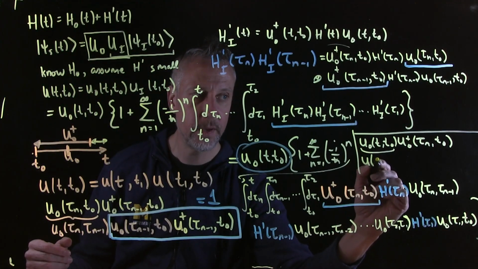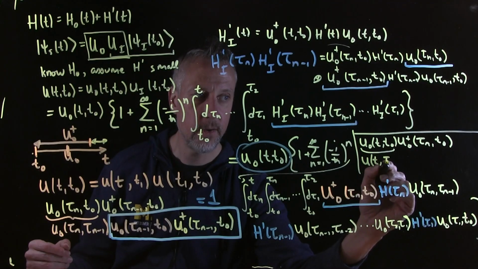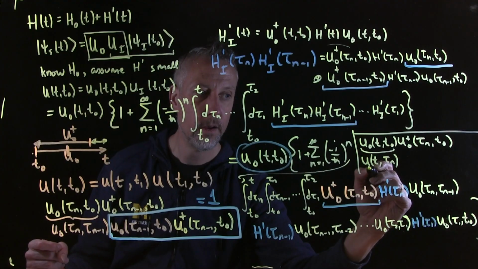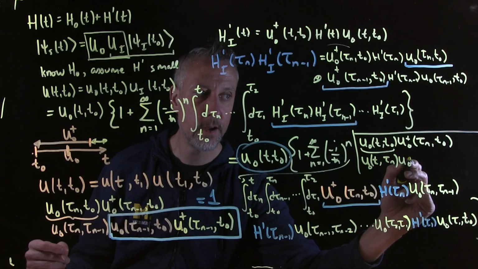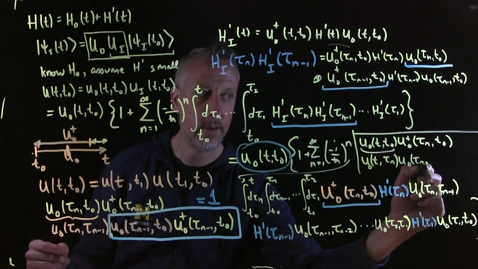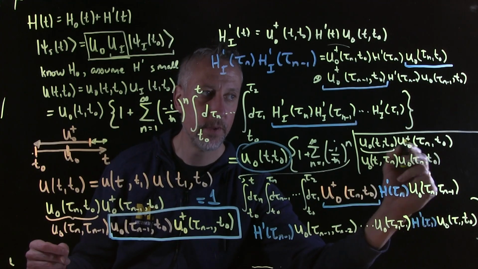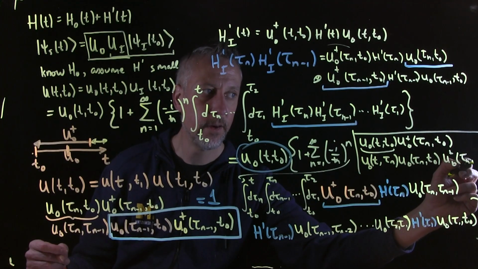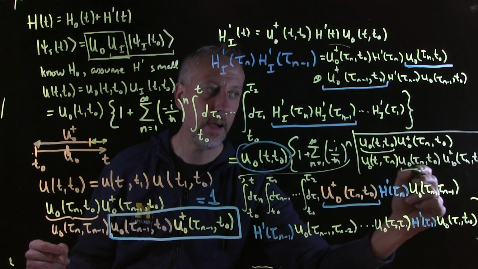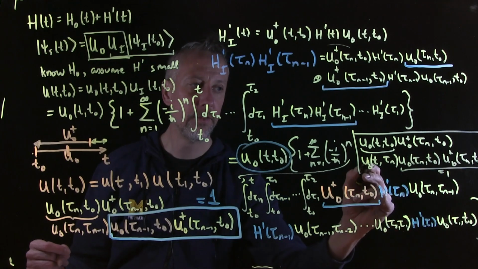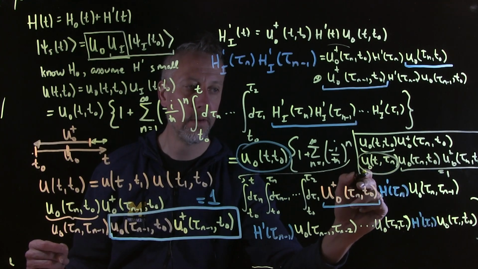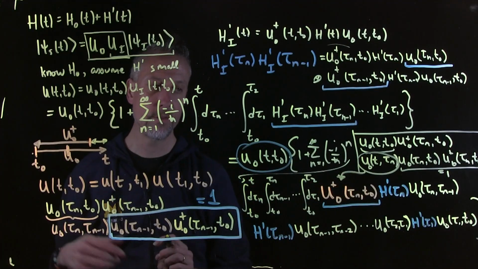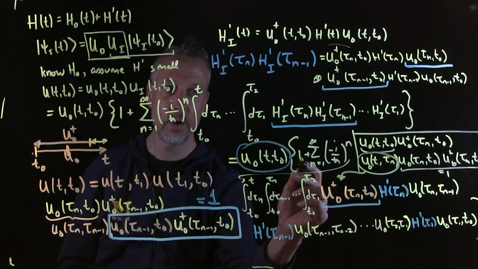So the last bit will be tau n to t. Now we have to read everything backwards, or from right to left. U naught, of course. Then we have U naught tau n, t naught. This is U naught dagger, the same thing, tau n, t naught. That's 1. And so we just have now this one term that replaces this when we bring in the U naught into all of this. Now that means it's also going to be multiplying the 1 here.